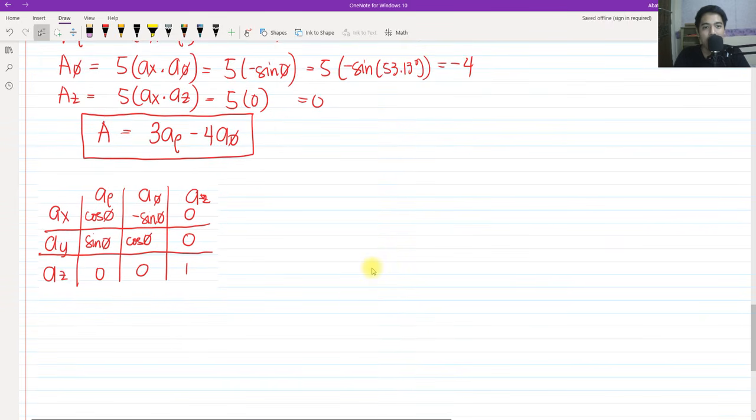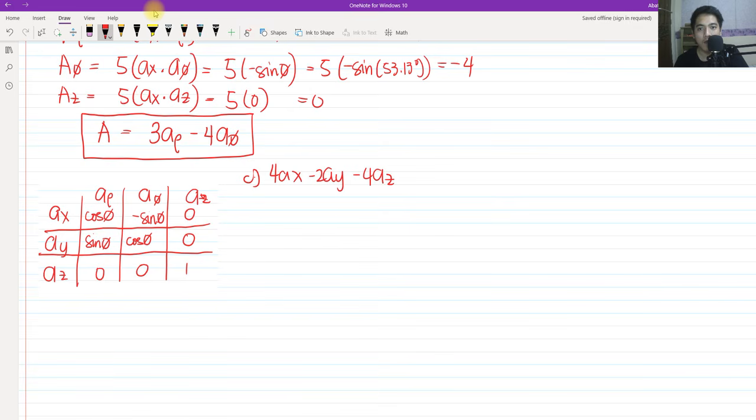So for letter C, we have 4a_x minus 2a_y minus 4a_z at x equals 2, y equals 3, and z equals 5. This is a little bit long in terms of solution.